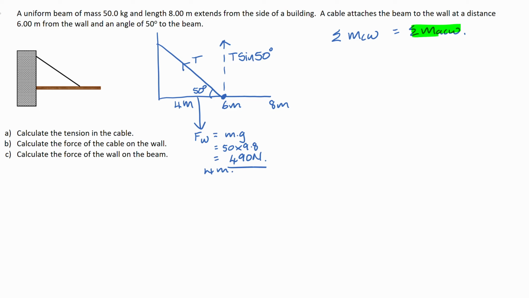If we're looking at the anti-clockwise moments, if I put my pen along the beam and move it in the direction of the tension, we can see that that's going to give us our anti-clockwise moment, which is acting at 6 meters. We can also see that our clockwise is going to be our weight force, and that's acting at the 4 meters. I just try and make it as easy as possible for myself so I don't get confused.